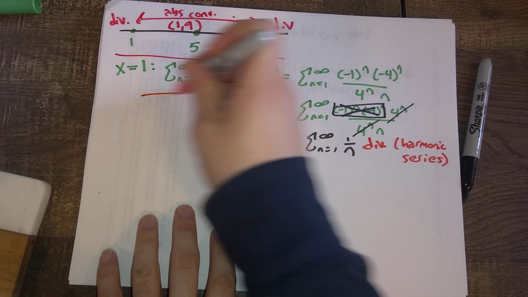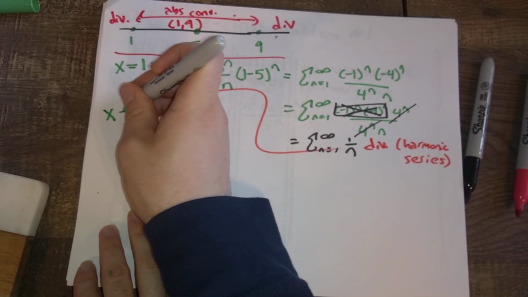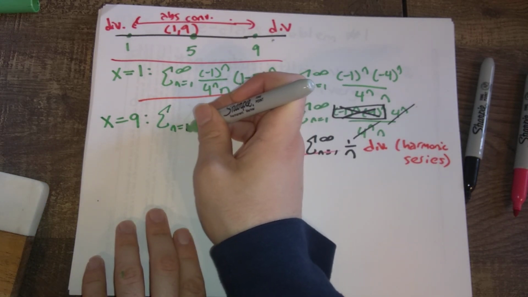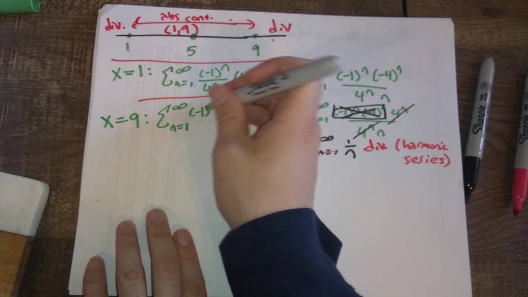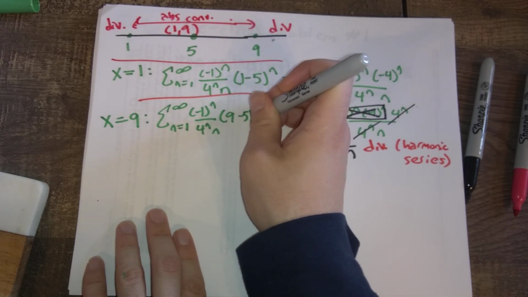Okay, what's our other case? We have to think about what's happening when x is equal to 9. So plop 9 into our series: (-1)^n over 4^n times n, times (9 minus 5)^n.